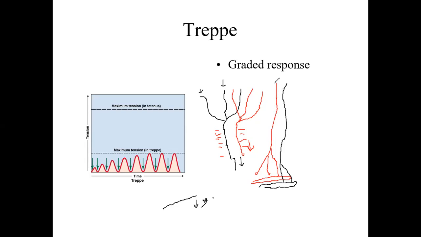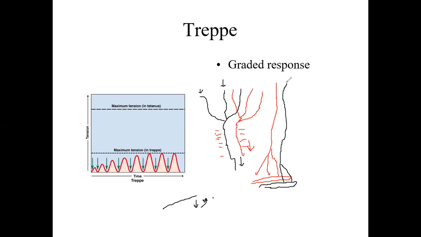So I have my red motor units. For the same motor units, how many times am I stimulating them? So I will look at the frequency of action potential in the same motor unit. So I'm looking at stimulus per given time.